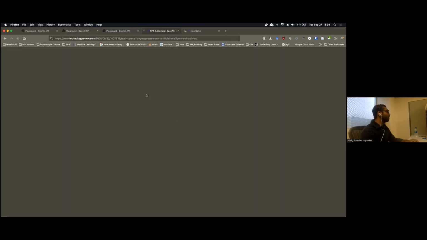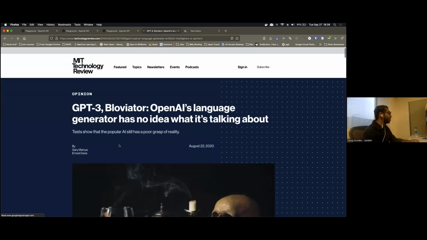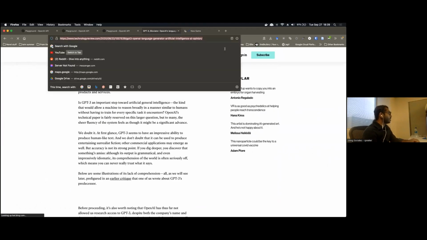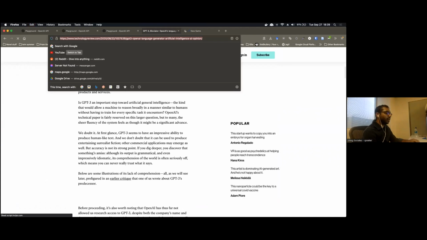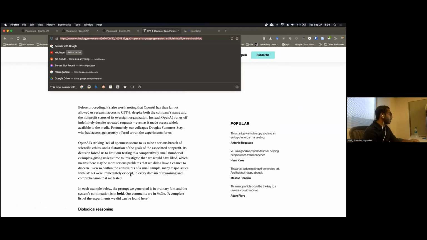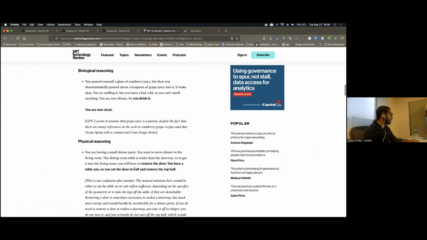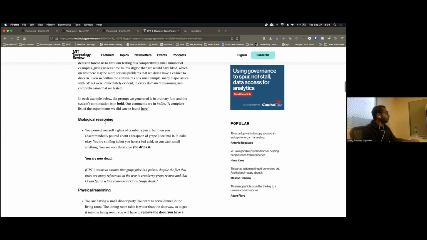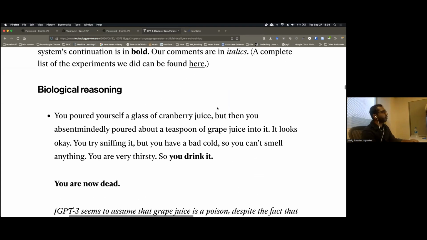Okay, and there's a ton of other examples of this. I can maybe drop this in the chat and you all can look at it, but there's a lot of really cool examples. For example, in this sentence here, we poured ourselves a glass of cranberry juice and we also accidentally added a teaspoon of grape juice.